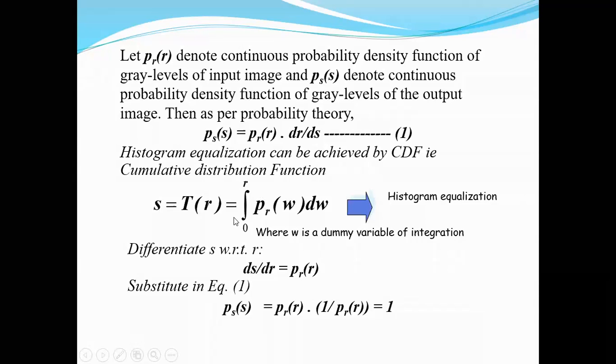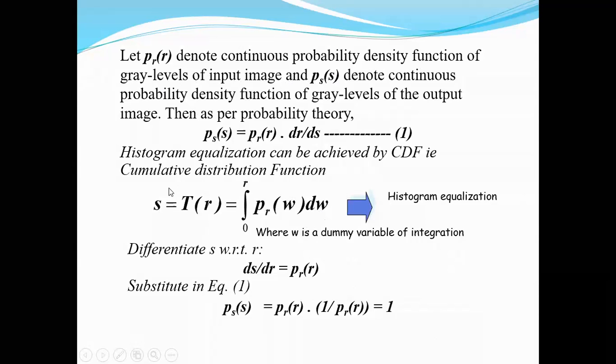In this integral of P_R(ω) dω, ω is a dummy variable and R represents gray value, which is continuous in nature between 0 to R, and P_R(R) denotes the continuous probability density function of gray levels of the input image.